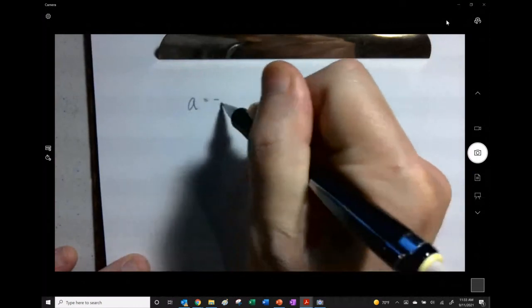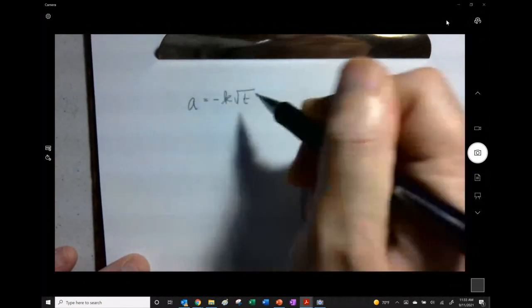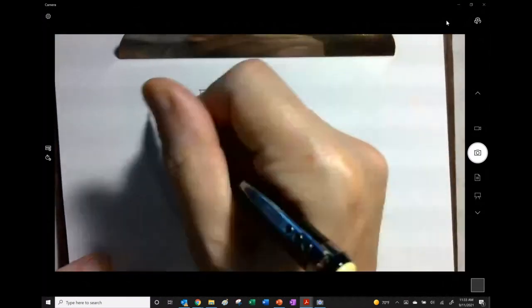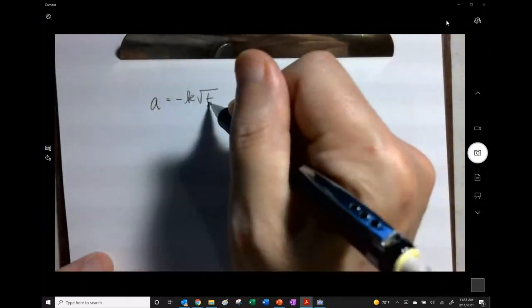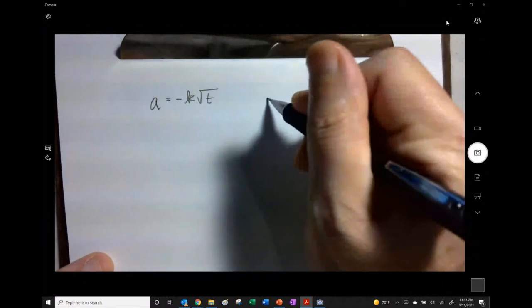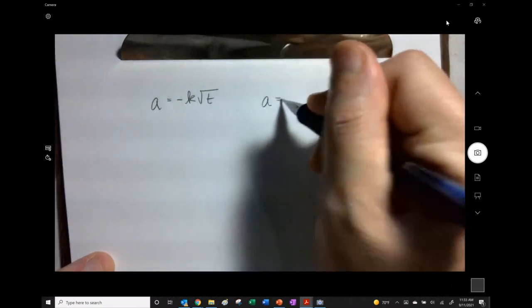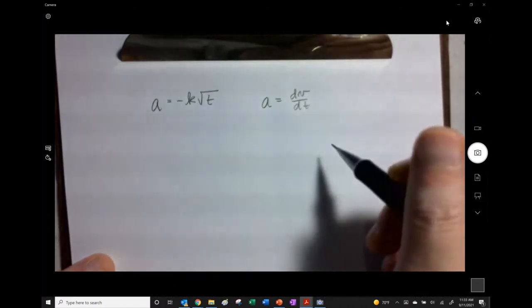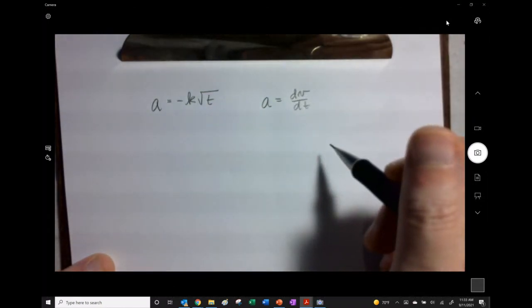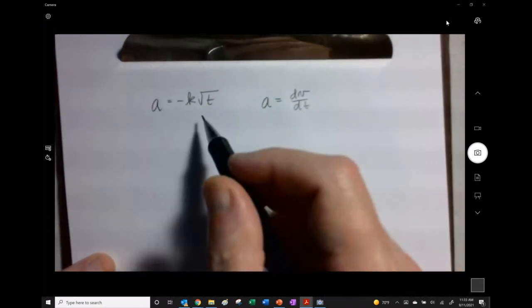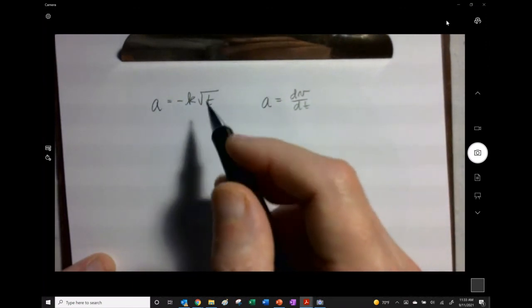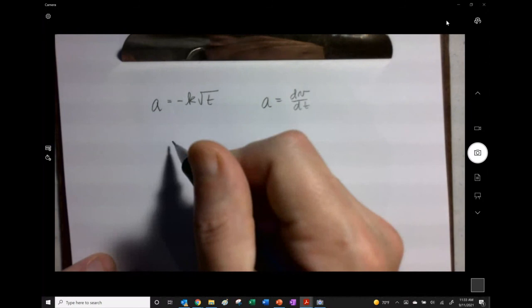a is equal to negative k square root of t. And maybe one of the first things, I know that the acceleration is a function of time. Therefore, I'm probably going to use acceleration is equal to dv dt, right? Yes. But also, let me see some of the other information.